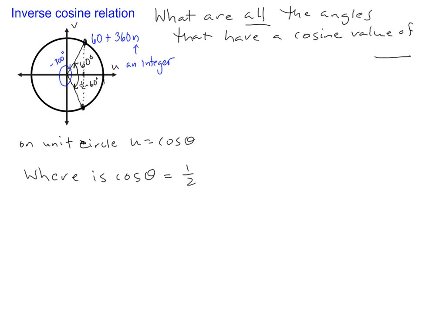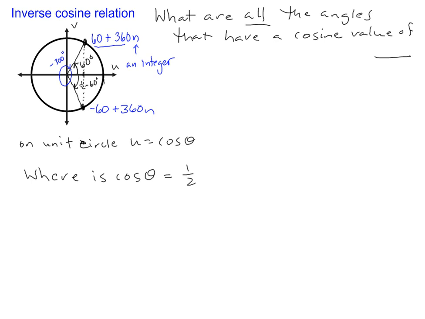If n is 7, then I get 60 plus 360 times 7, which would be the angle that corresponds to going around 7 times and then landing there. If n is negative 4, then it would be 60 minus 360 times 4, which would correspond to going around backwards 4 times and then landing there. Does this make sense? I think it does. Great. So this is the equation for all the angles of that top terminal ray. The equation for all the angles here would be negative 60 plus 360n.